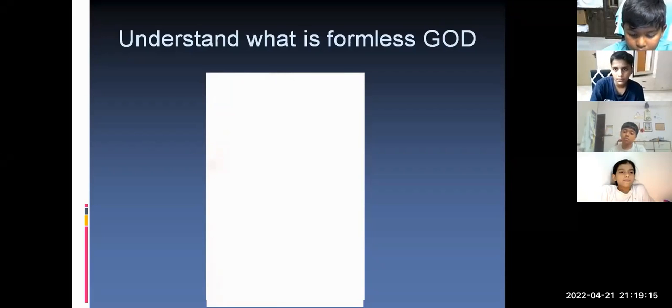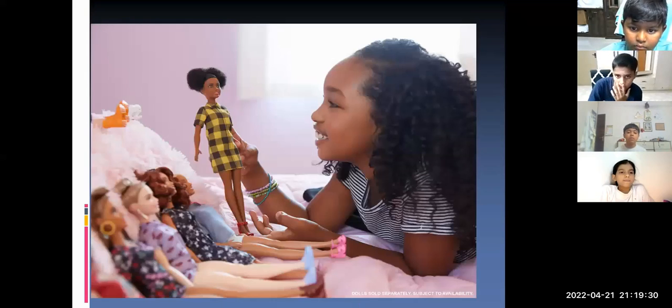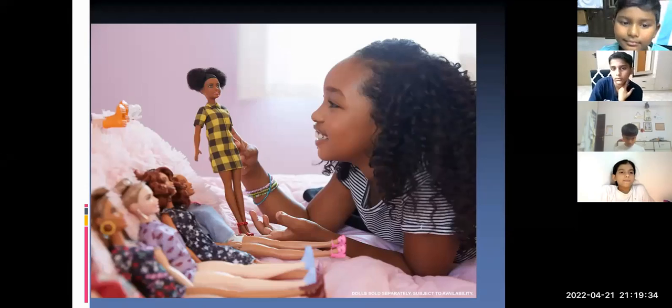Lord Rama. See, Rama has a bow and arrow with him, a big bow. Then his height, his looks, all that she will like and revere. Just like this girl who sees the doll and is in love with that doll, slowly she will make herself like the doll.